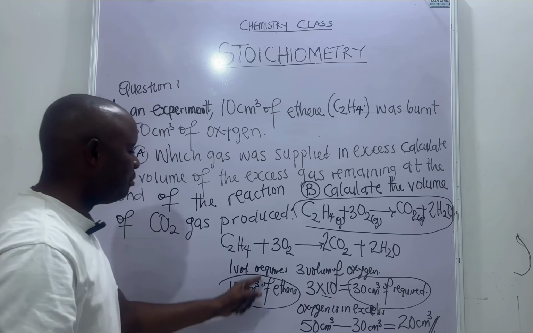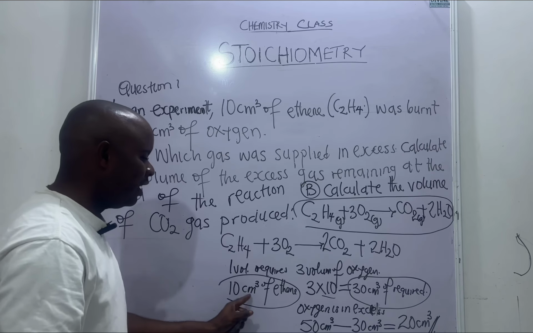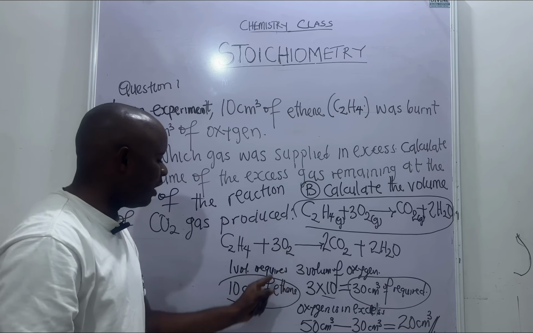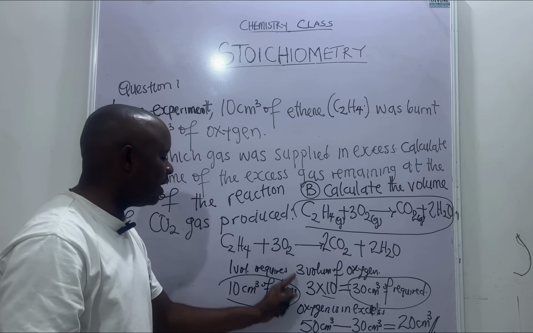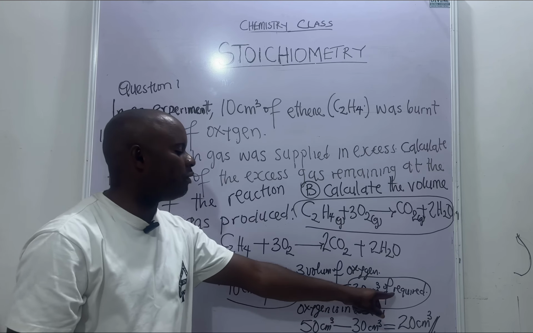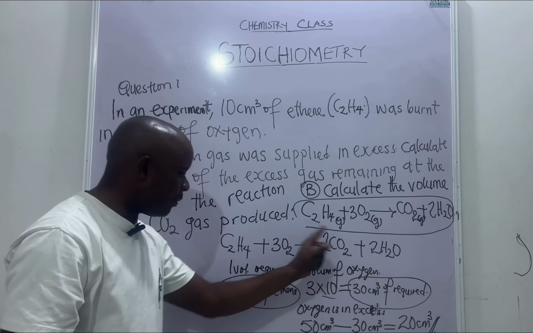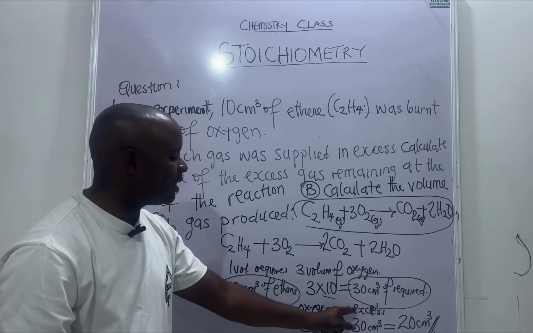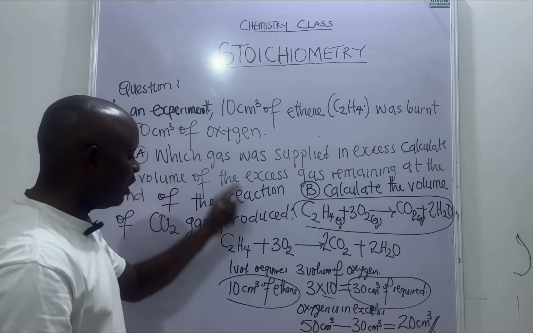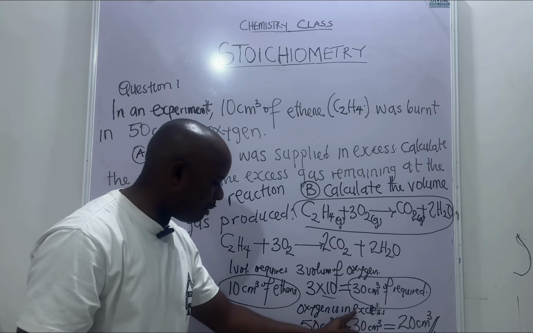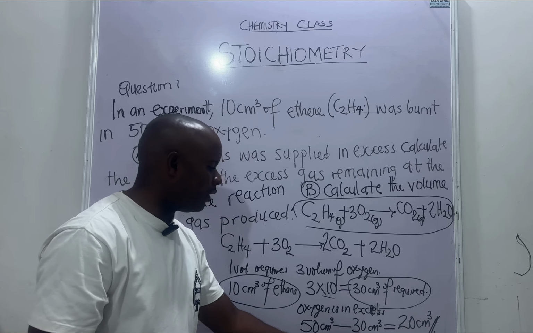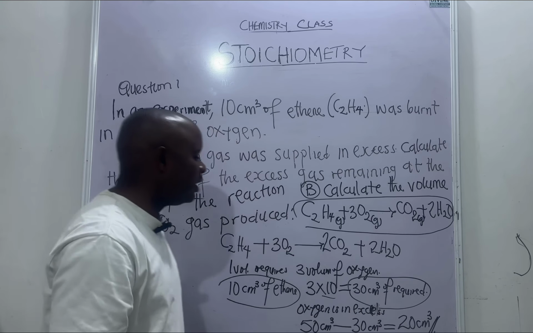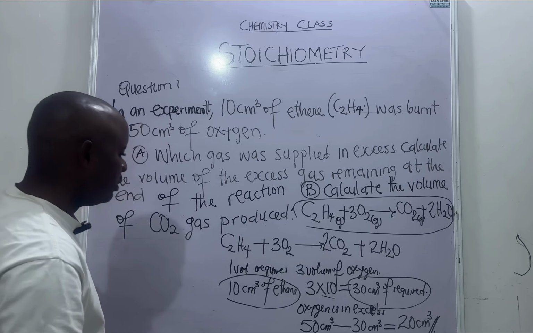Since we need 10 ml of ethene, and from the reaction 3 moles of oxygen are needed, 3 times 10 gives 30 ml of oxygen required. We are supplied with 50 ml, so oxygen is in excess, and we subtract 30 ml from 50 ml. The amount in excess is 20 cm³.